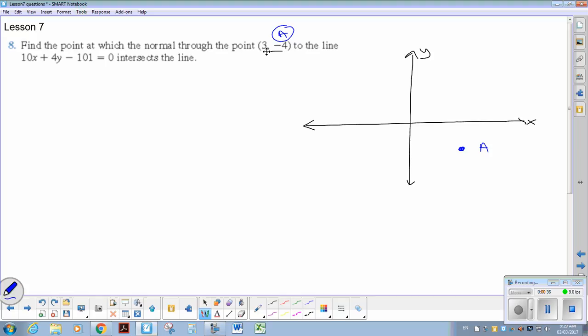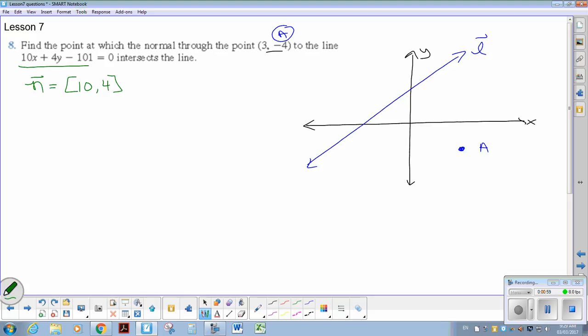And what happens is I have a line, which I'm just going to draw randomly. All right, so there is my line. What they want to do is find the point at which the normal, so remember when you have the equation in this form right here, we know the normal is (10, 4).